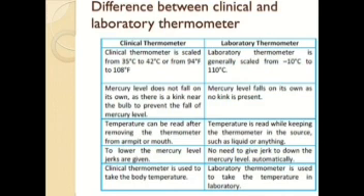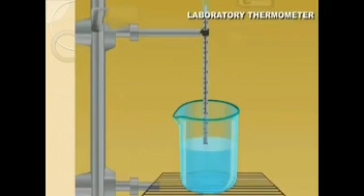The next thing to remember is that the bulb of the laboratory thermometer should not touch the bottom or sides of the container. The bulb of the laboratory thermometer needs to be surrounded by the substance whose temperature is to be measured. These are the precautions needed for a laboratory thermometer in addition to the precautions needed for a clinical thermometer.